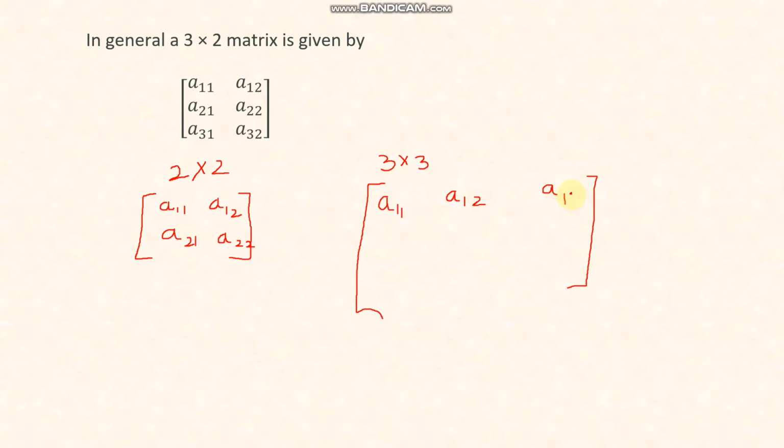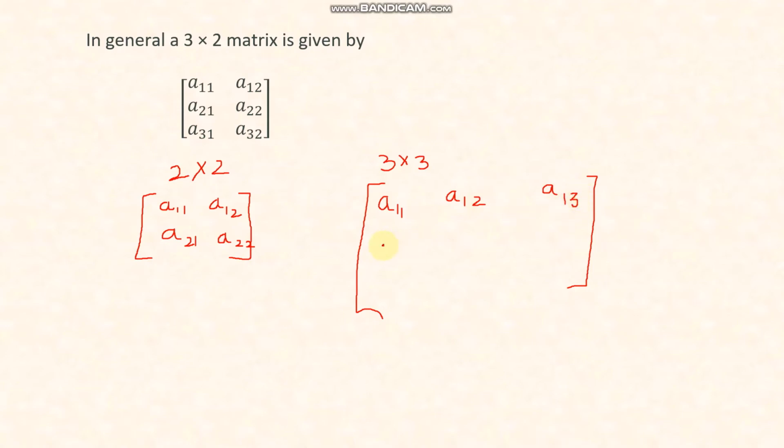See, these are the entries of the first row. So in the subscript, the first number is 1 everywhere. In the first column, the second number is 1. In the second column, the second number is 2. And in the third column, the second number is 3.